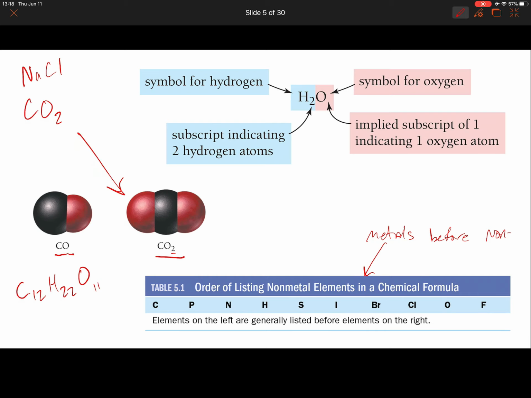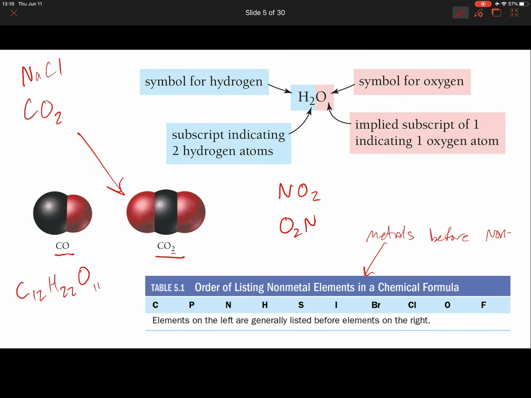So we list elements in order, as I mentioned, from metal to non-metal. Now, when we go down a column, the more metal-like ones are normally lower on the list. For example, if we were going to write a compound between nitrogen and oxygen, we have a few. We would write NO2 as opposed to O2N.